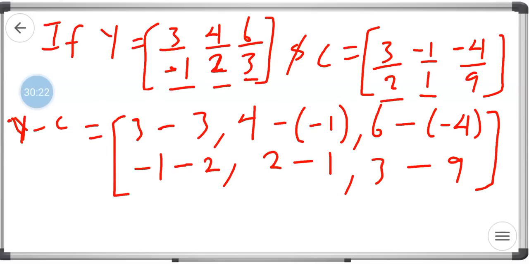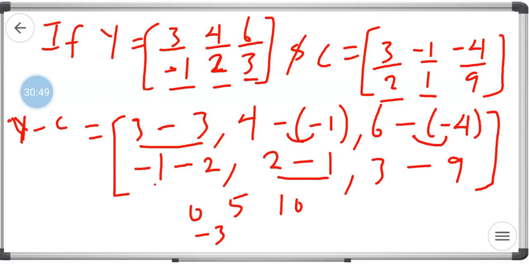Now the final stage. 3 minus 3 here, that's 0. Minus times minus is plus, so 4 plus 1, that's 5. Here as well, minus times minus is plus, 6 plus 4, that's 10. Then the next one, -1 minus 2, that's -3. And 2 minus 1 gives us 1.